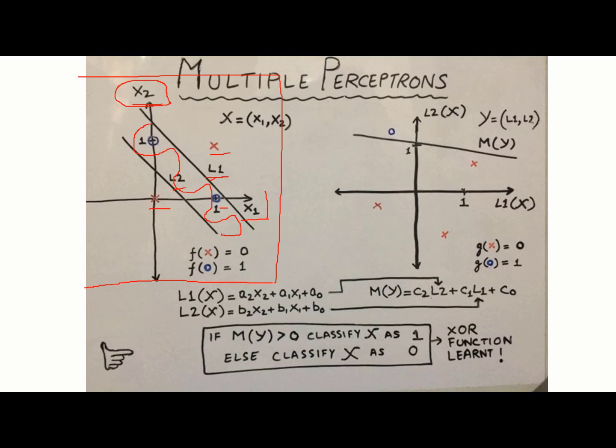And we have on the right hand side another plane where the space between L1 and L2 maps to the second quadrant somewhere over here on this plane. So in this plane, the coordinates are the values of the perceptrons L1 of x and L2 of x.